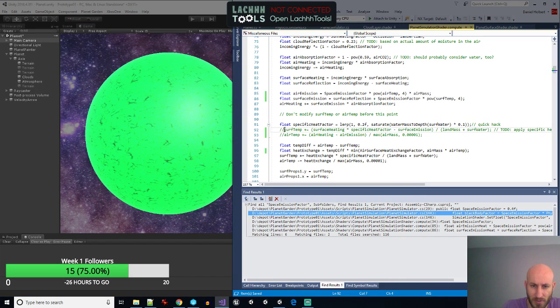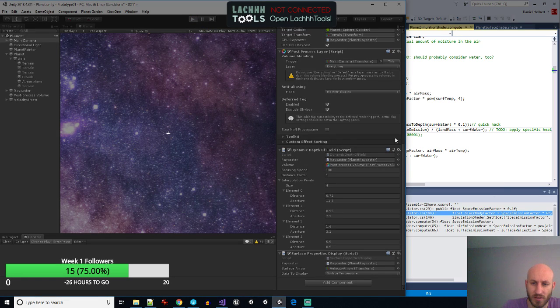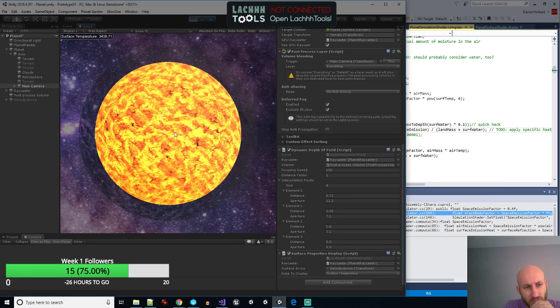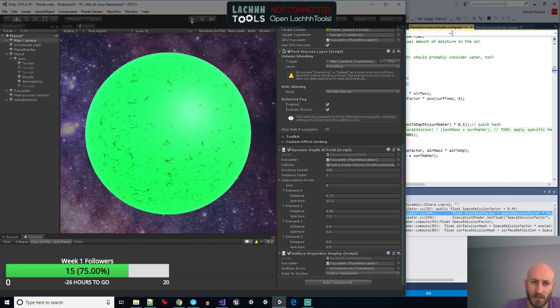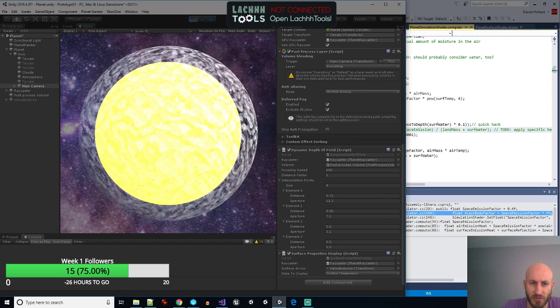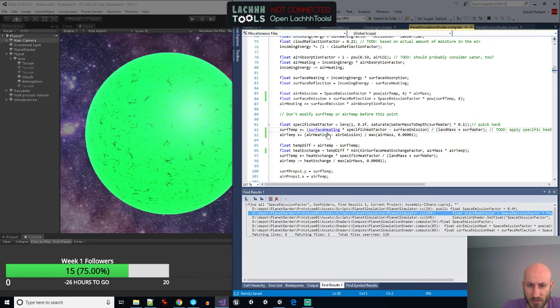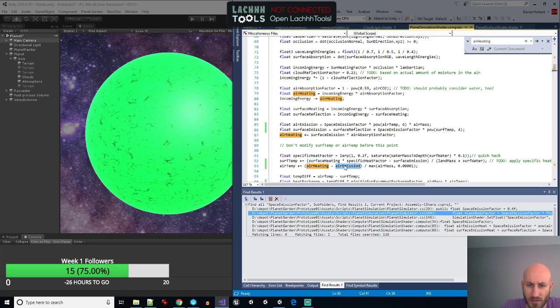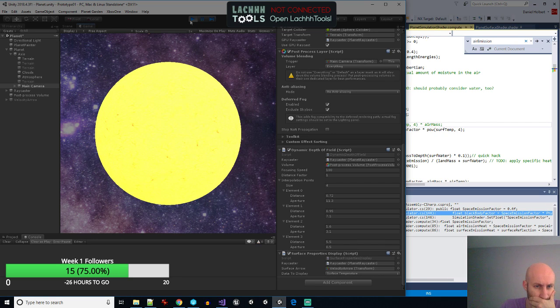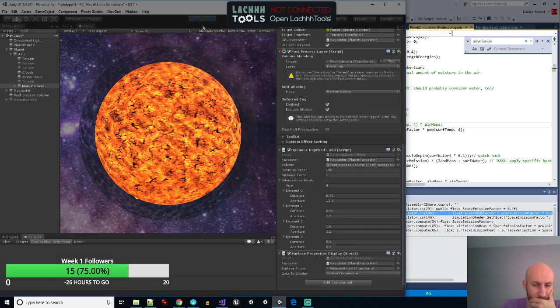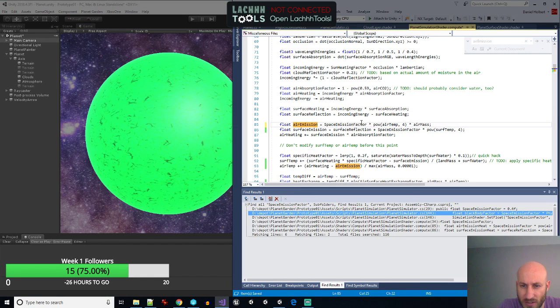Okay. So maybe it's this line here that's the problem. And that's okay. So maybe the problem is coming in here and it's somewhere further up. So if we say air emission is 0, to isolate that, it seems like this air emission thing is going crazy.